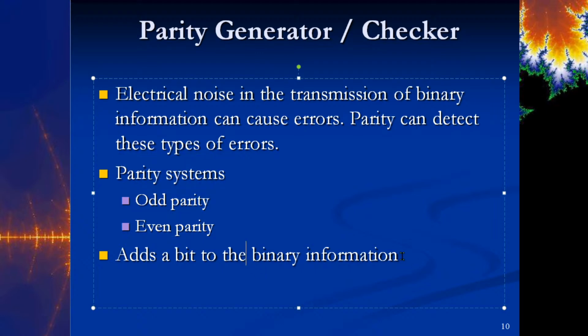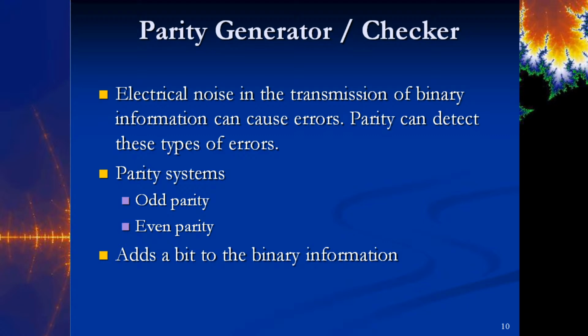So depending on what information you're sending over the line, if you want to make sure it arrives intact, you add a bit to the binary information stream that's being transmitted, and then you check it on the other side to see if it's the same, okay? And the two ways we can do that is through odd parity and through even parity.